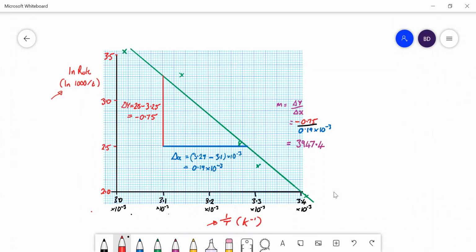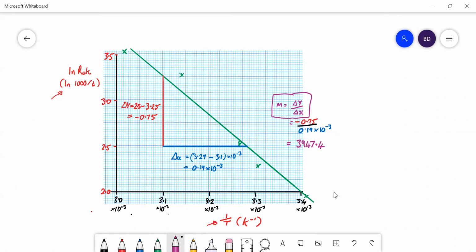There's our line of best fit in green, and then we have to work out the gradient of that. Now the gradient is equal to the change in y over the change in x, and I would definitely recommend don't just do it in your head or on your calculator. Draw the construction lines like I've drawn here.